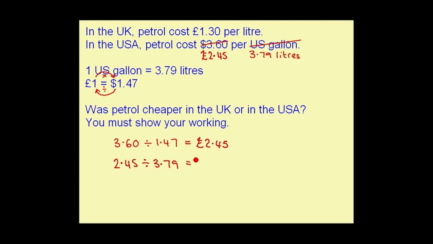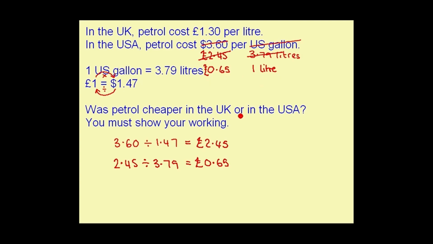Again, I can use a calculator, and I get 65 pence to the nearest penny. So in the USA, the petrol is 65 pence per 1 litre. Comparing this with the price in the UK, it's nice and quick now to see that the USA is much cheaper.